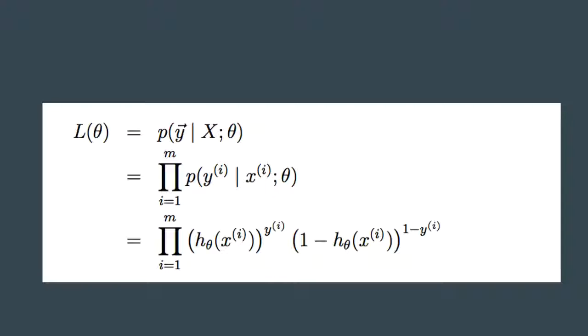Okay, so log properties: log of a times b is equal to log of a plus log of b, and log of a to the b is equal to b log of a.